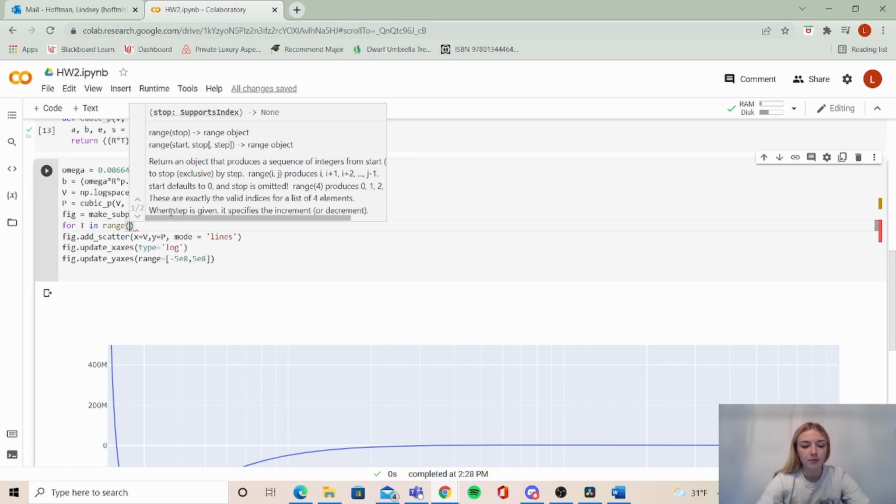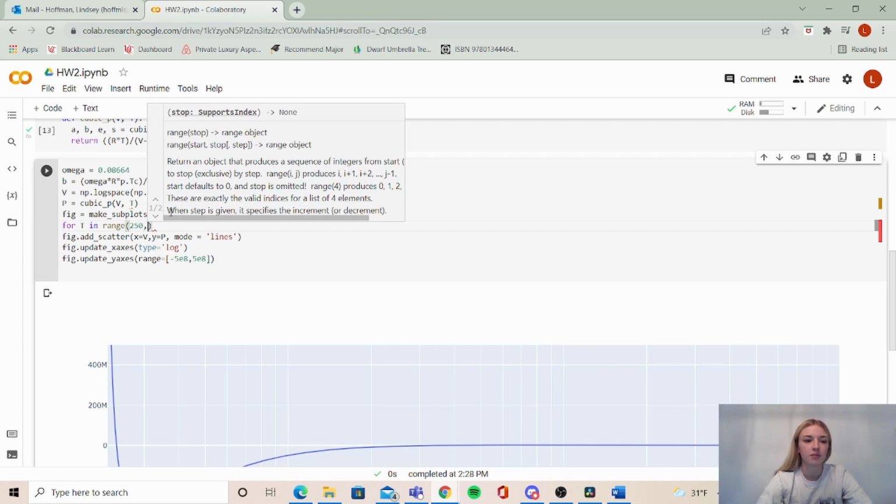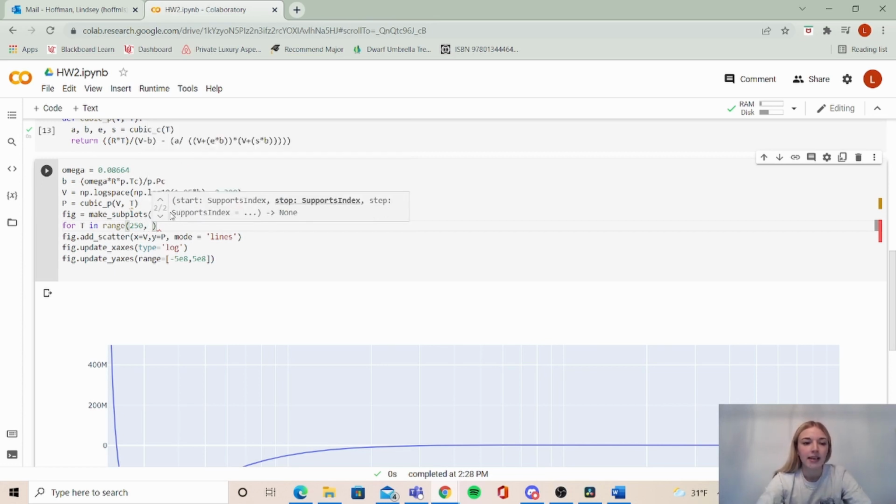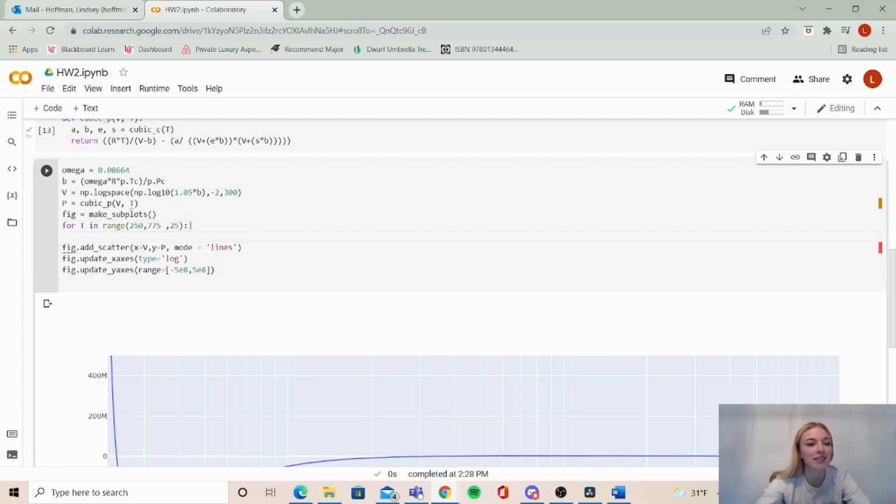I'm going to start at 250 Kelvin, just a little bit below freezing point, and go in steps of 25. So after 250, we would have 275, and then 300, like that. If we want it to end on 750 Kelvin, we would need to put 775 because Python is weird like that. It doesn't include the last one.